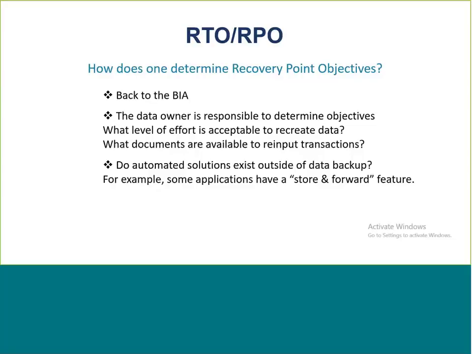And if they should lose that connectivity, they'll store the transactions on the local server until they get back their connectivity, and then they can send up all those transactions. So if you have something like that, of course, that will impact your recovery point objective. And so it's something else to consider, because if that can be turned on, then you wouldn't have to back up as much data, or you wouldn't have to have the recovery point objective to be as narrow.